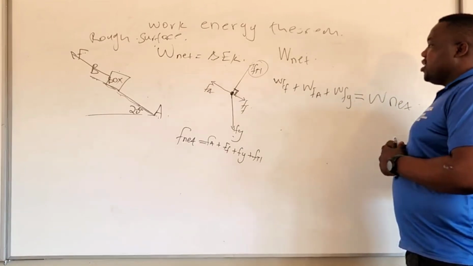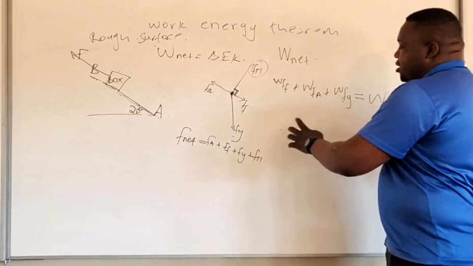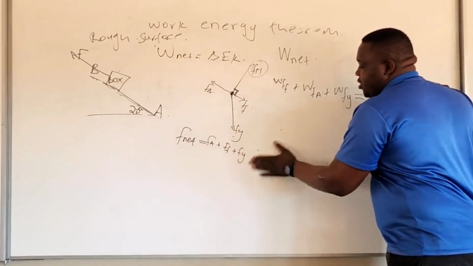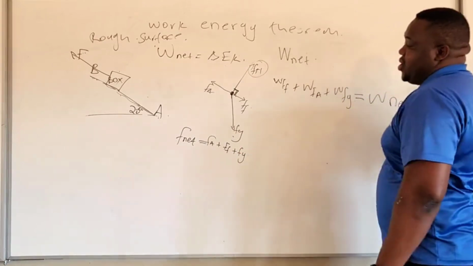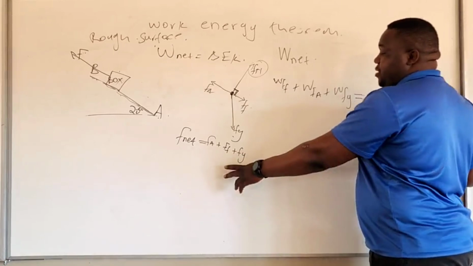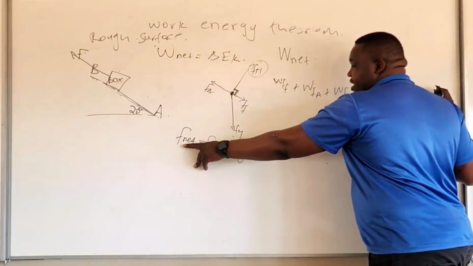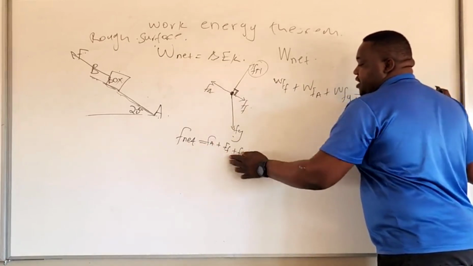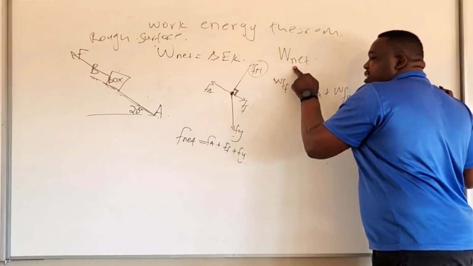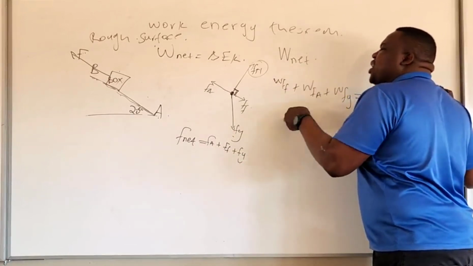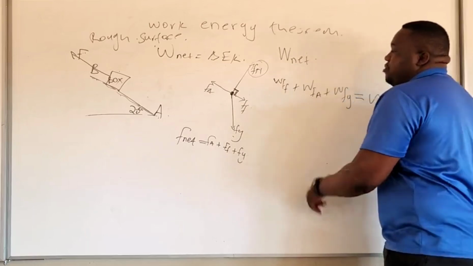So that is net work. Actually, let me remove the normal force even here because I know it will be 0. So what does F net mean? It means F net is the sum of all the forces acting on an object. What about net work? Net work is the sum of the work of all the forces acting on an object.